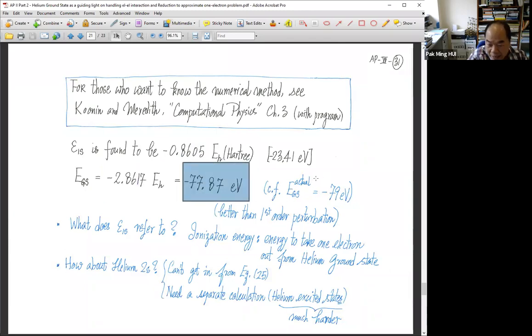It is closer than the variational calculation and the first order perturbation. Yet, it is not equal to the best known experimental or exact value. It's still off.